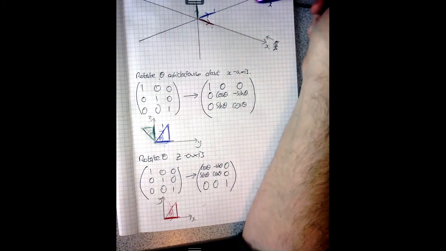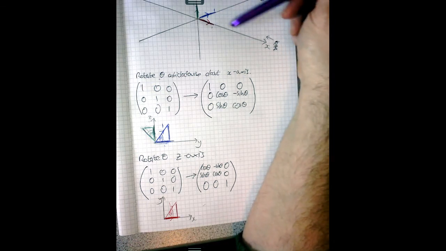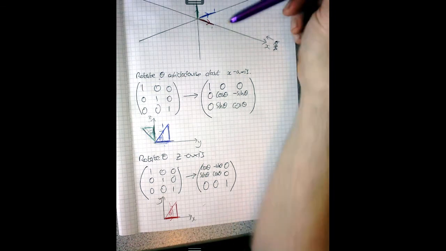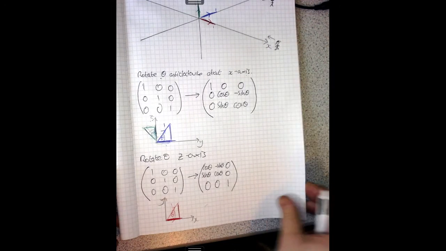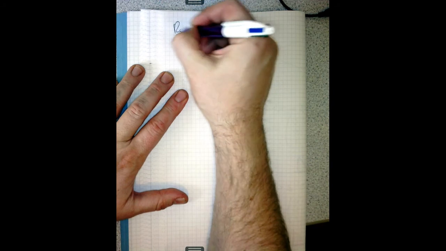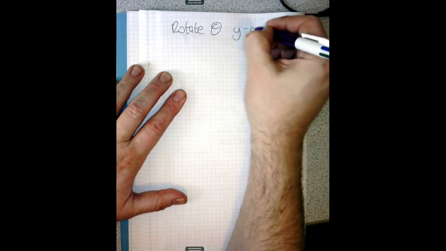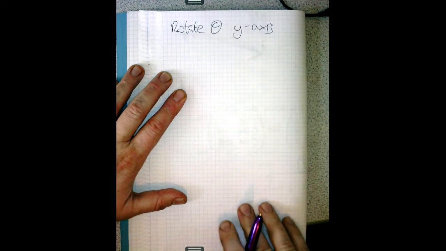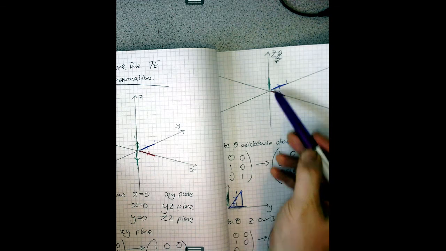Just looking at my colour code, I get it different every time. That's where z starts. And x is red. That's where x starts. I'm going to rotate anti-clockwise, and remember it's relative to the man standing at the end of the axis. So anti-clockwise for him. I'm going to rotate anti-clockwise.